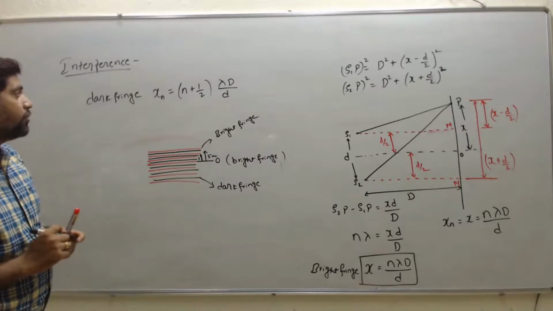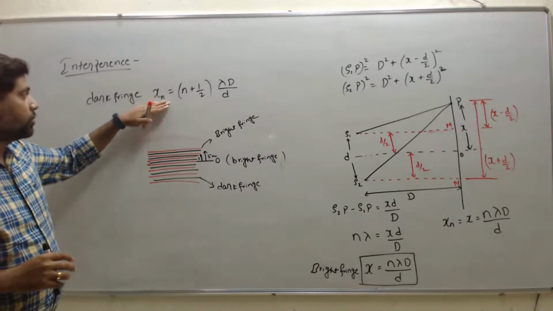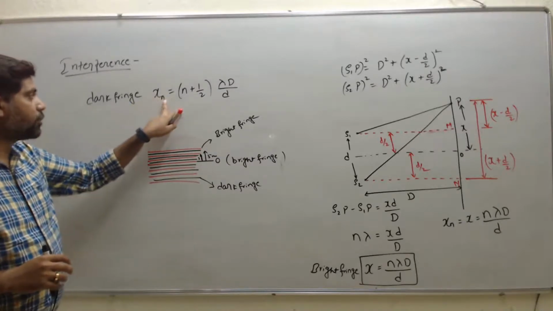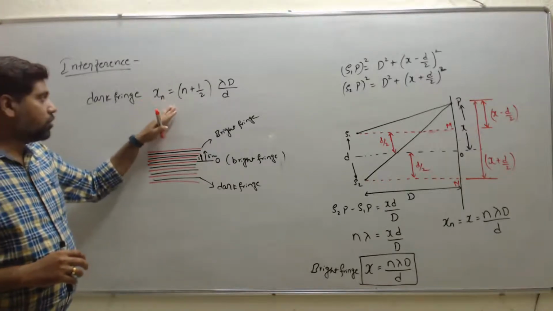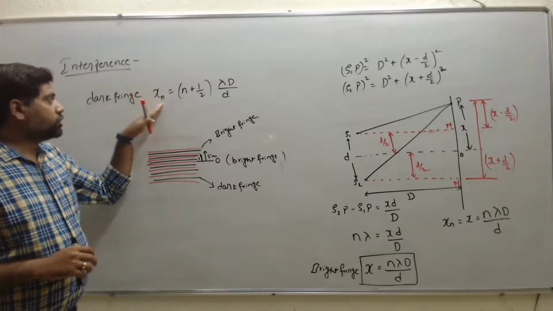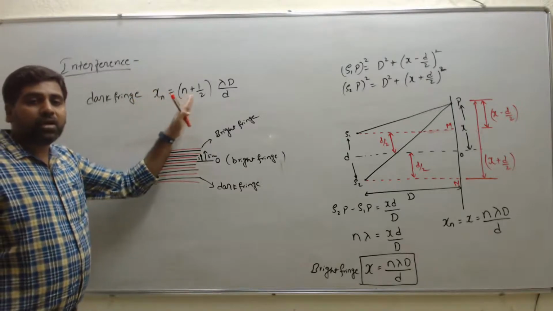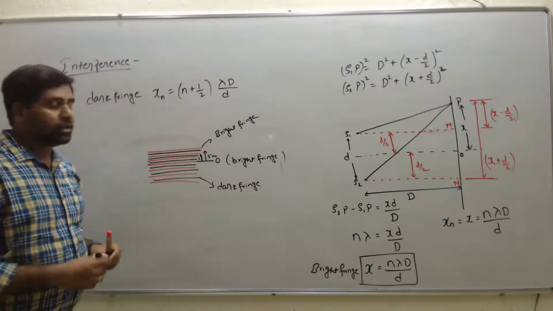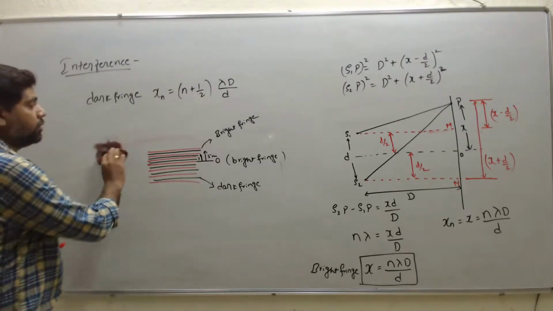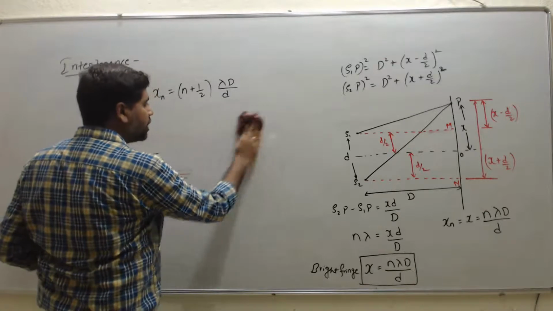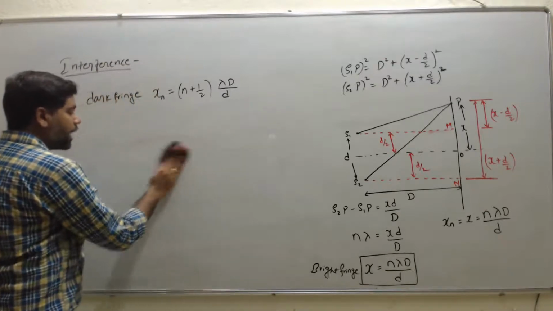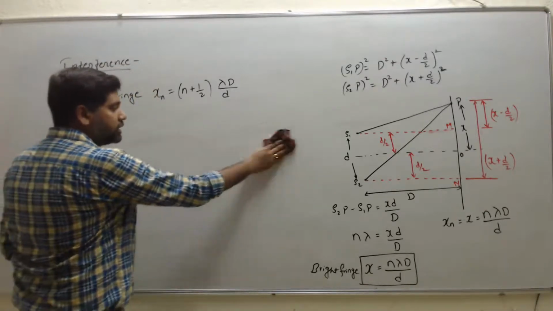Here n represents the nth value. If it is 2, 3 or 0, what is the position of the dark fringe and also of the bright fringe?